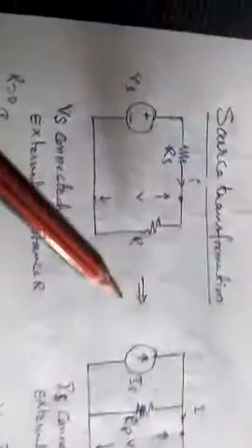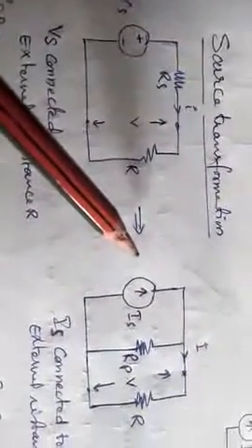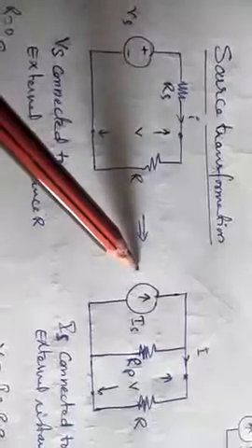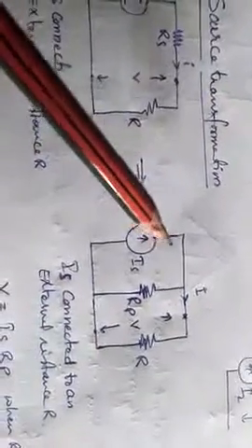Now for the current circuit of current source, if you take the equation KCL, the source current equals the current through the load resistance plus the current through the parallel resistance. So we have written Is equal to I plus V by Rp.